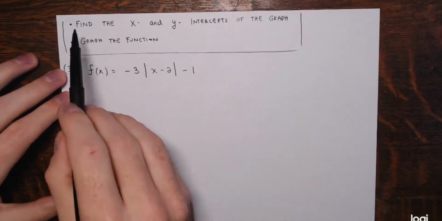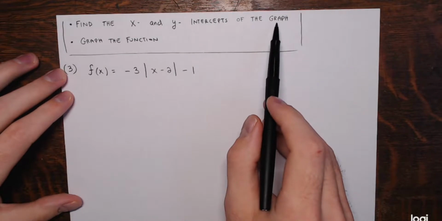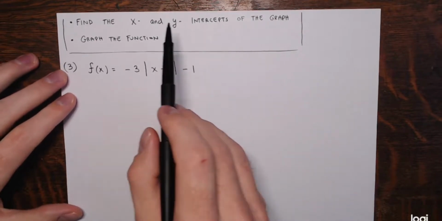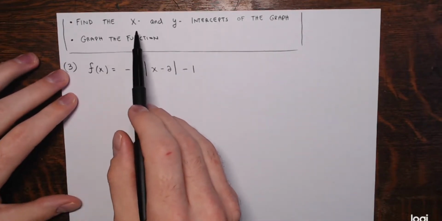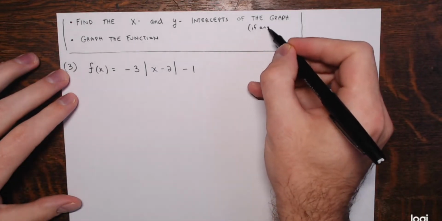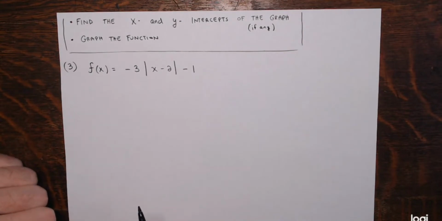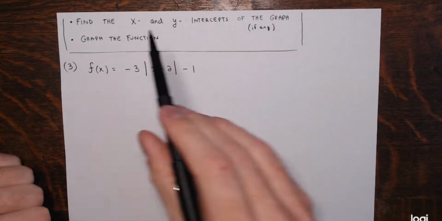First, I'm going to find the x and y intercepts of the graph, if any. Alright, I should say if they exist, because we are going to see that some of these absolute value functions might not hit the x-axis.